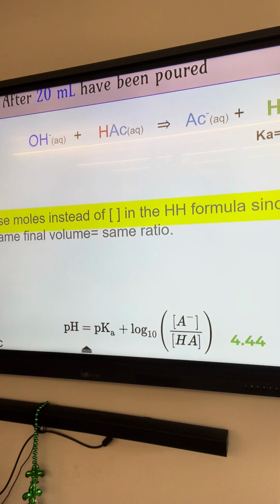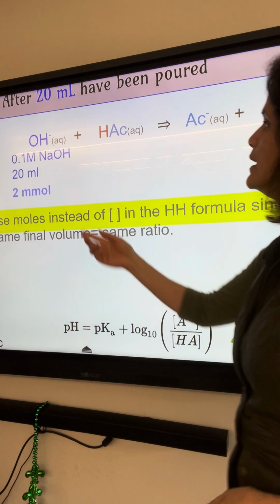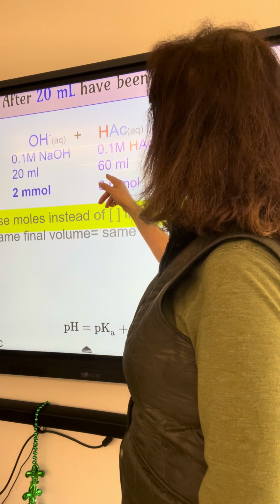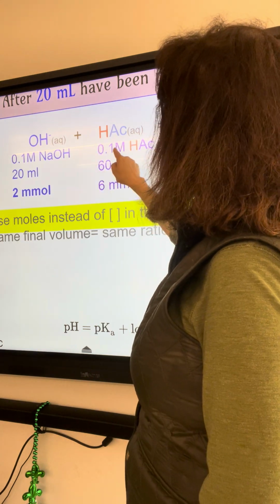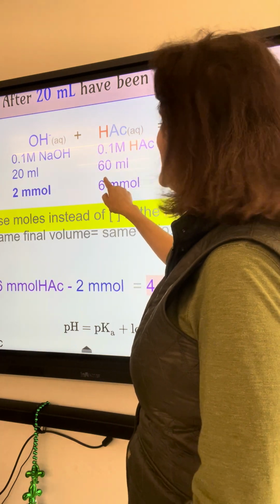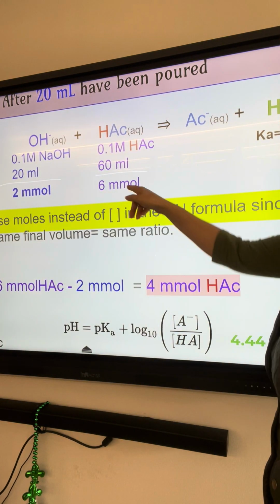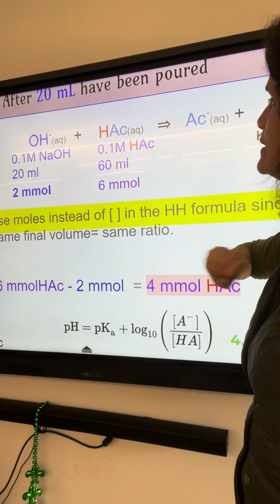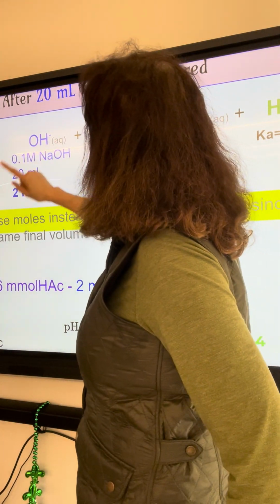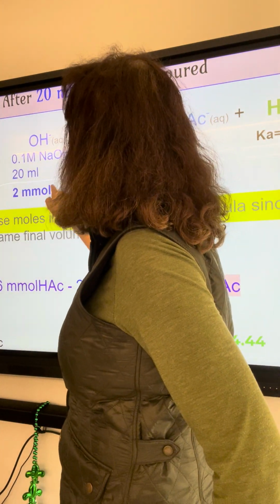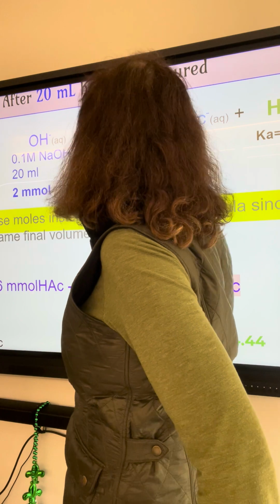Next slide. My weak acid stayed the same thing. 1 molar, 6 milliliters, 6 millimoles, right? That's what I had of the weak acid. The base, 0.1 molar, 20 milliliters, 2 millimoles of OH minus.